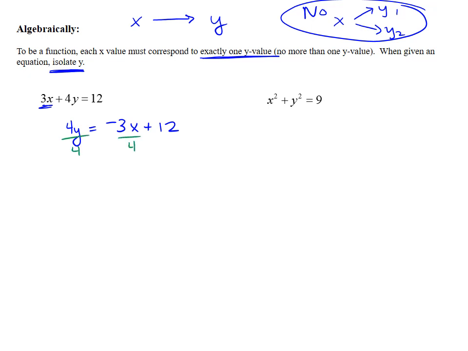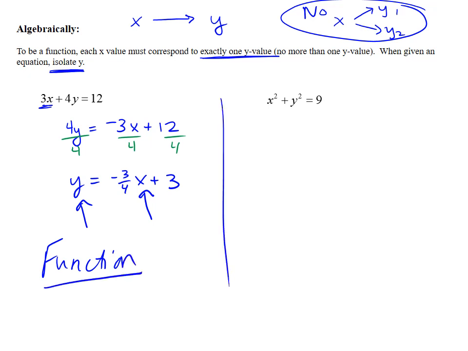When you divide out the 4, you want to divide everything by 4. A little reminder there. So we get y = -3/4 x + 3, because 12 divided by 4 is 3. If we were to put an x value in here and calculate, we would get a single y value. So each x is going to be calculated and give us a single y value, so this is a function.